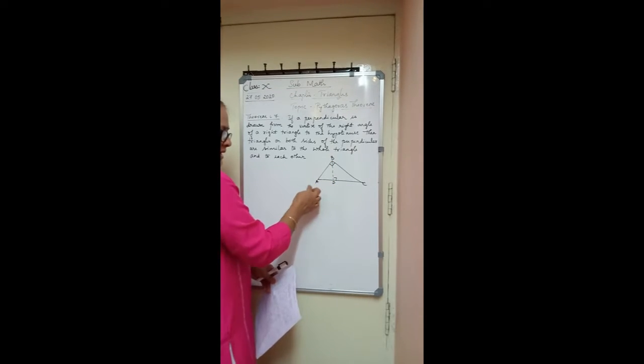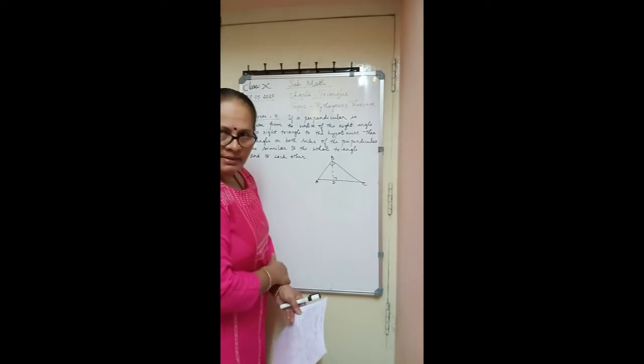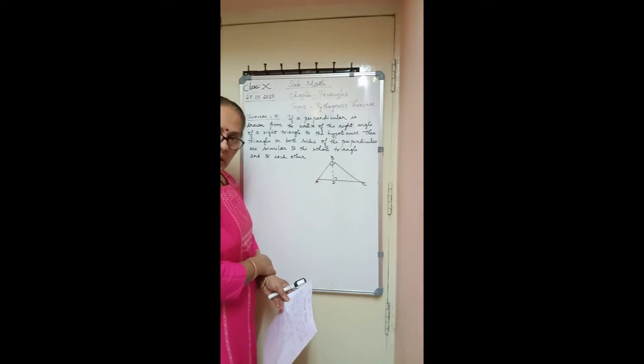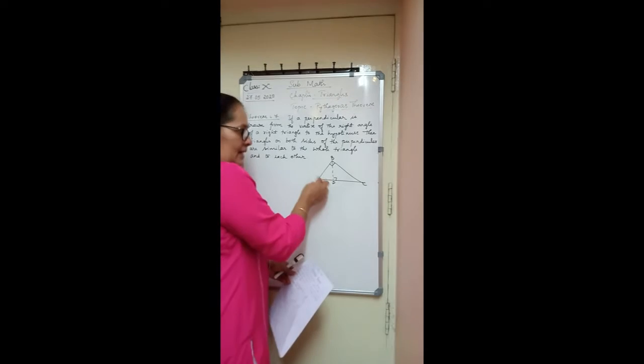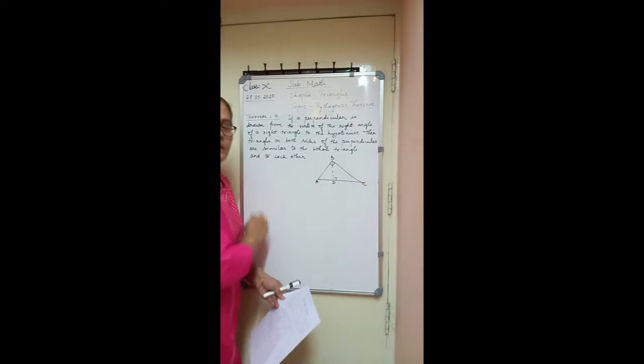Triangle ABD and BDC are similar to each other, and also these triangles are similar to the given triangle.